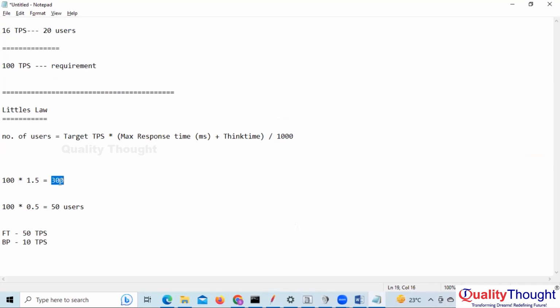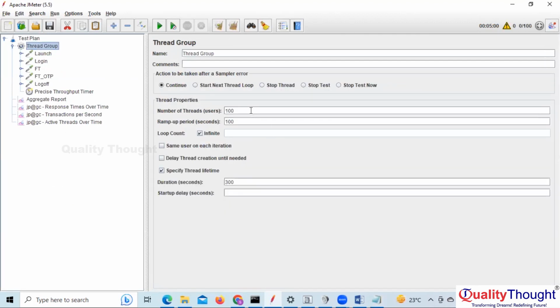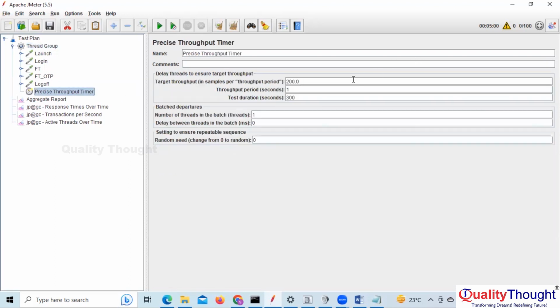It is how much? 150, right? So you need to run with 150 users in order to achieve your target. Are you getting me? We ran with 50 users earlier. Yes, sir. So we need to run with 150 users in order to achieve your target. Your target here is 100 TPS.